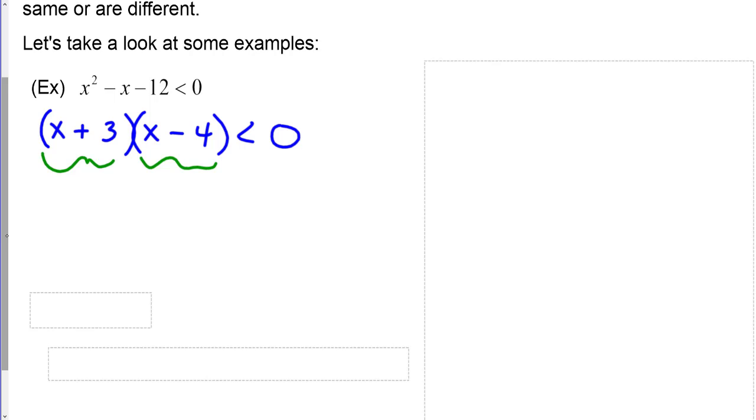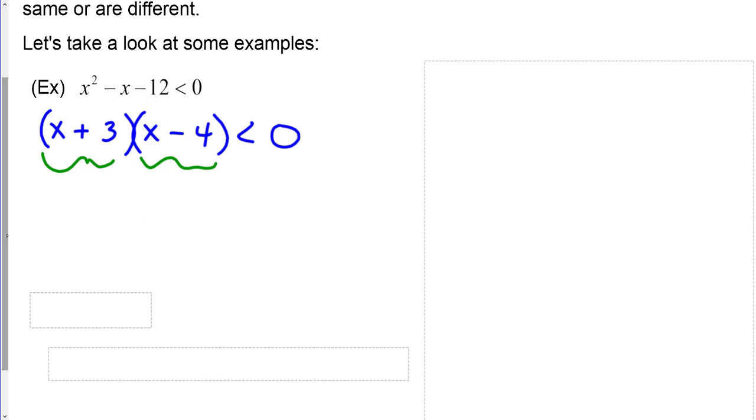And the result of these numbers being less than 0, equal to 0, or greater than 0 is only dependent upon the signs of these two numbers. So for instance, if x was equal to 5, then 5 plus 3 would result in 8. 5 minus 4 would result in 1. 8 times 1 is a positive number. So a positive times a positive is positive.